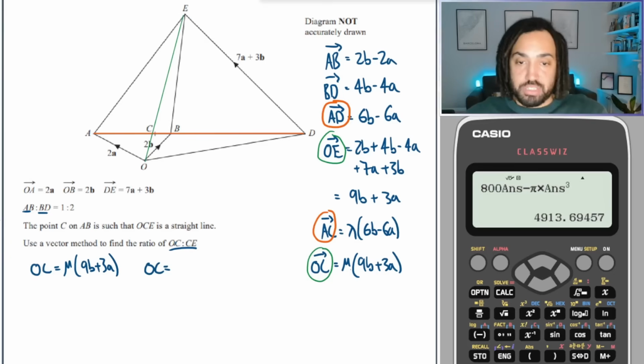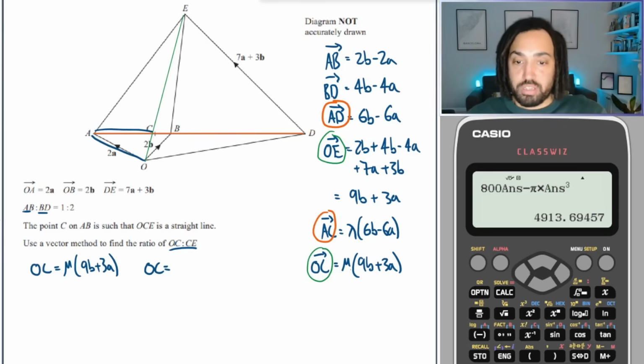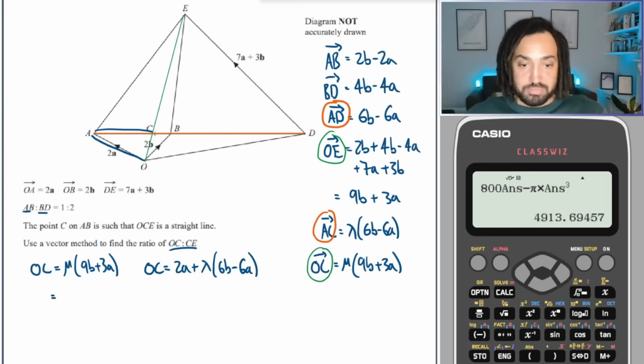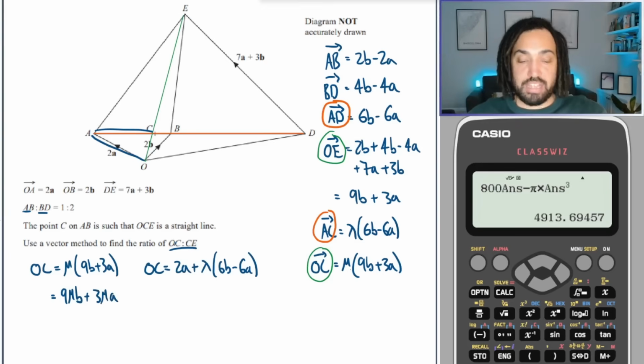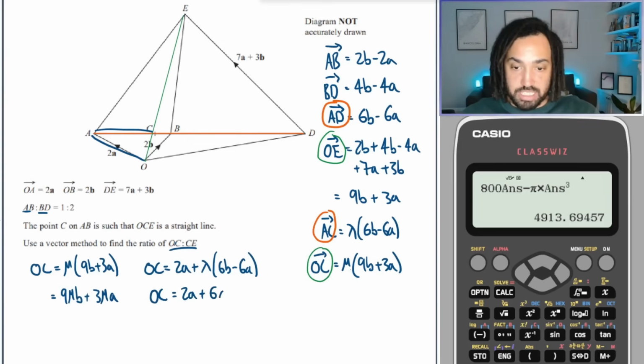The orange line, I'm just going to have to take a little detour, and that is going to go to A, and then I'm going to go across to C. So that's 2A plus AC, which is lambda 6B minus 6A. Okay, I can write this out now as 9 mu B plus 3 mu A. And this one I could write as 2A plus 6 lambda B minus 6 lambda A.